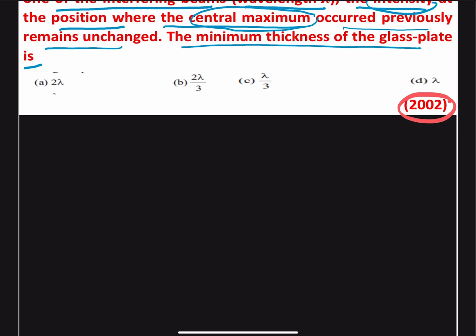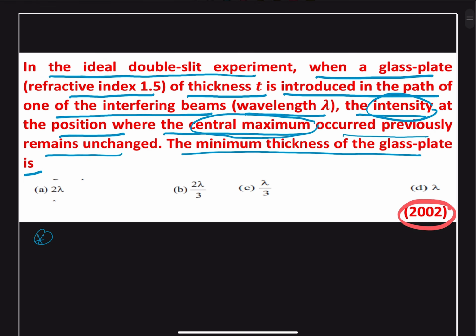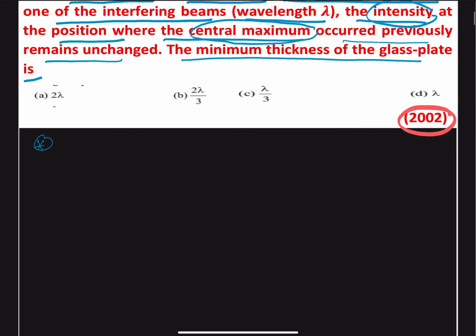We are given that the refractive index of the glass plate is 1.5 and the wavelength is given as lambda.